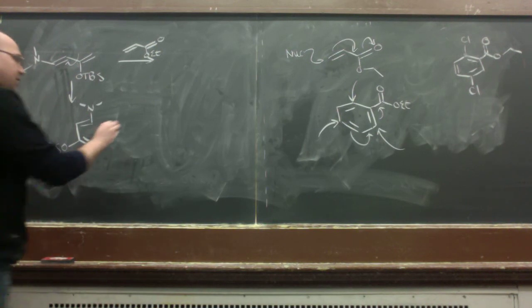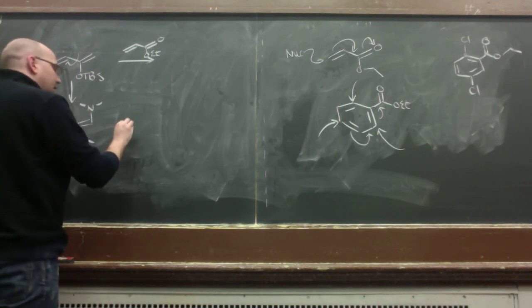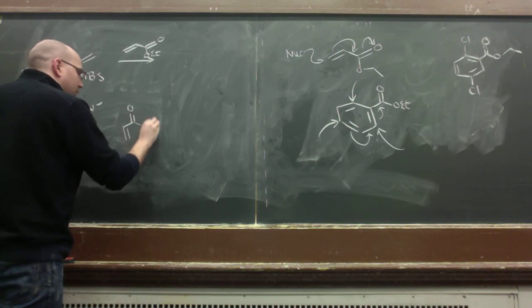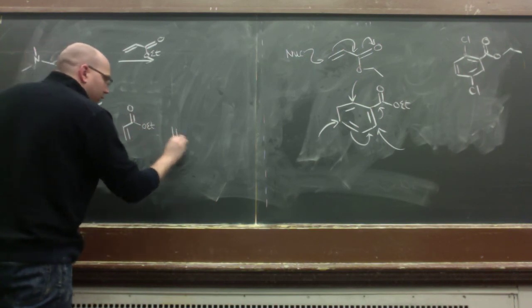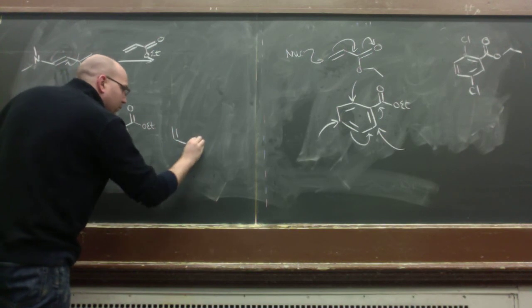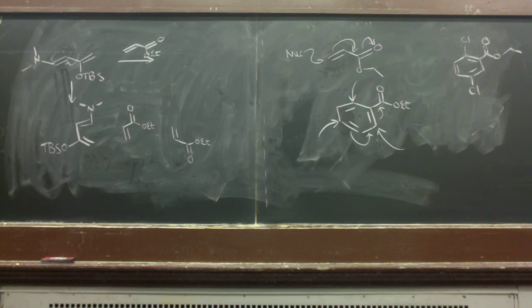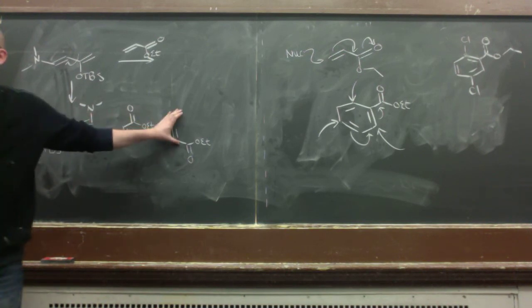The question becomes, which regioisomer do we get? Are we going to get the Diels-Alder where it reacts 4 plus 2 with this one? Or are we going to get the Diels-Alder where it reacts 4 plus 2 with this one?